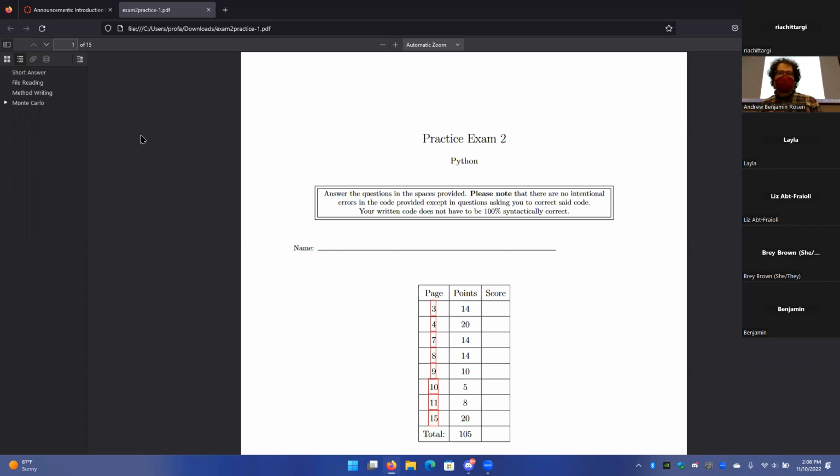Okay, a question from chat: is there going to be a question on the dictionary on exam 3? Probably not. I want to keep it fairly condensed.